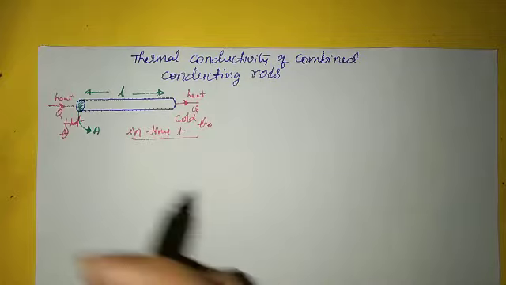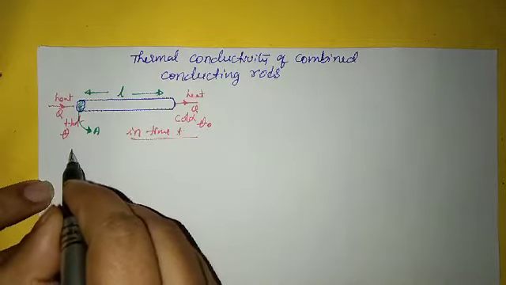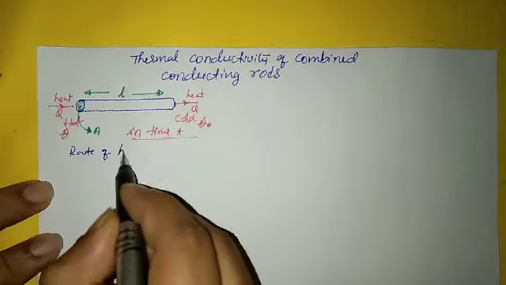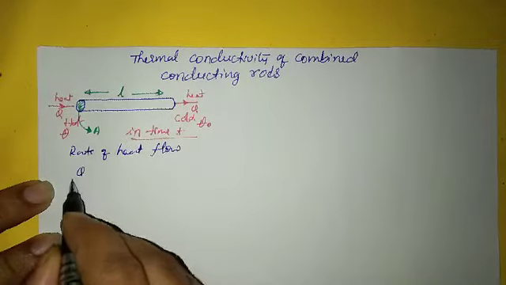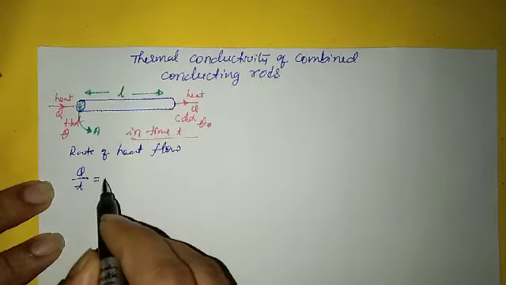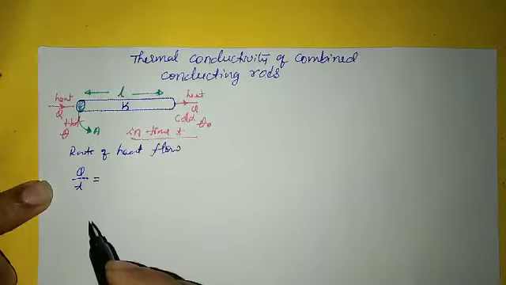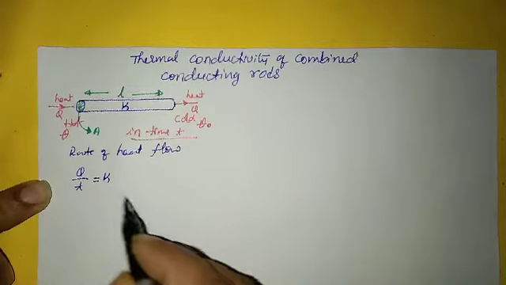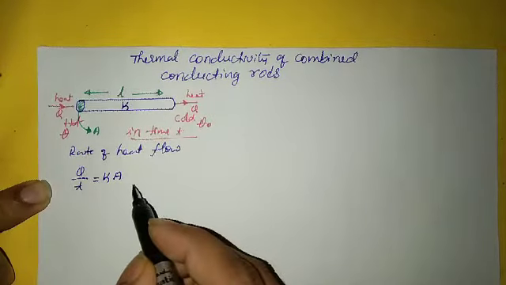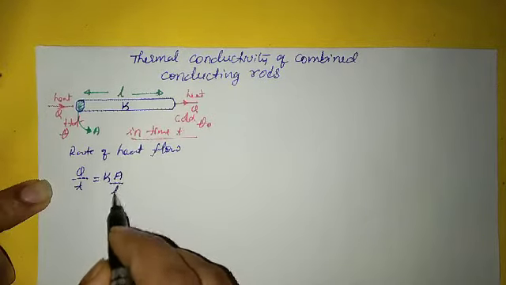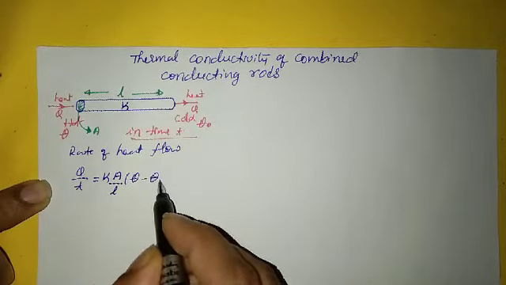the rate of heat flow through the rod. It is Q divided by t, which equals the conductivity of the rod, say K, multiplied by A, the area, divided by the length, and multiplied by the difference in the temperatures at the ends.